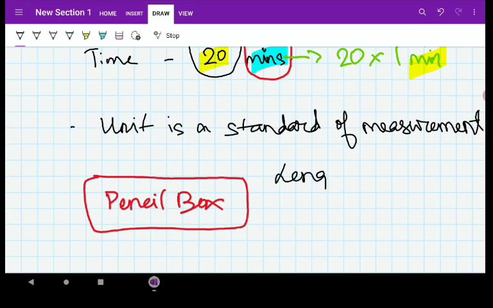You say it is about 10 centimeter, while I say no, it is 15 centimeter. See, it can't be, we both have the same pencil box. There is no standardization, and hence we cannot come to the conclusion what is the original length of the pencil box.